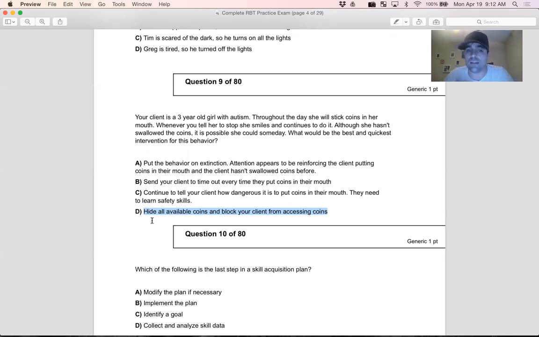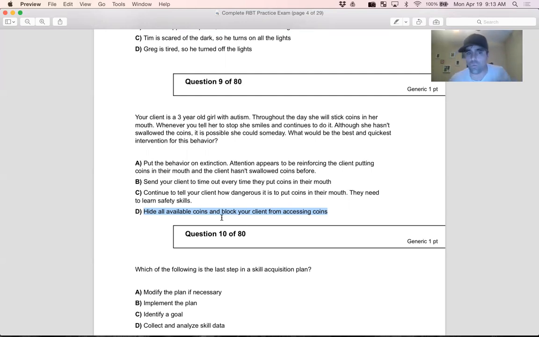But at the moment, we need the best and quickest intervention given it's a safety issue. So in the moment, hiding all coins and not even allowing the behavior to happen is the best and quickest intervention. It's a great ABA question.